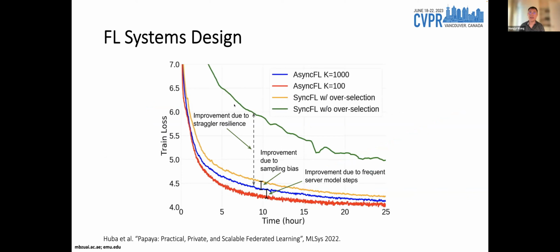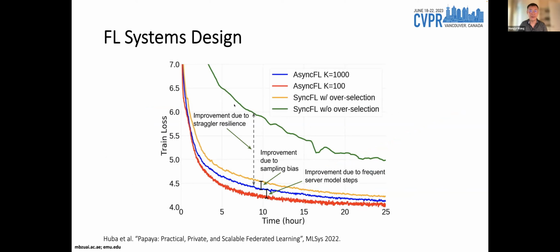But it turns out in practice, if we control it well, even in the asynchronous case the end-to-end training loss curve is much faster compared to the synchronous case. So the goodput is actually optimized with this asynchronous model design.